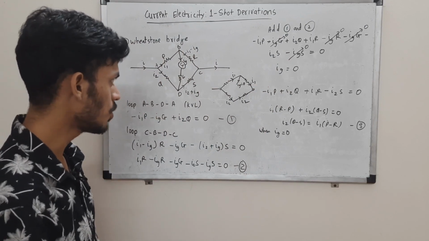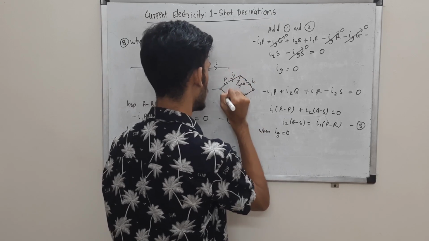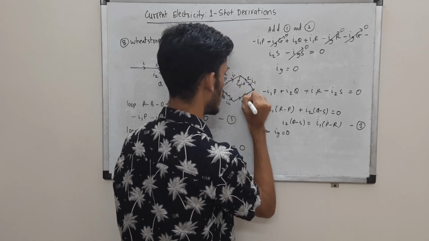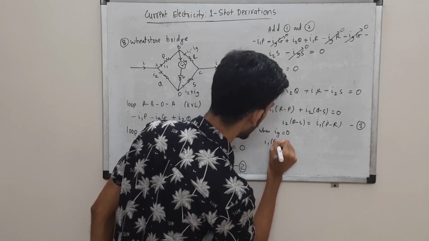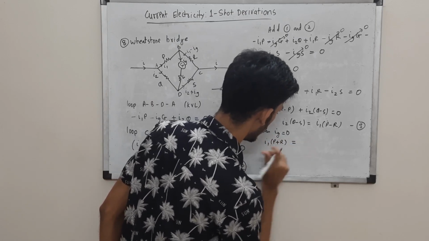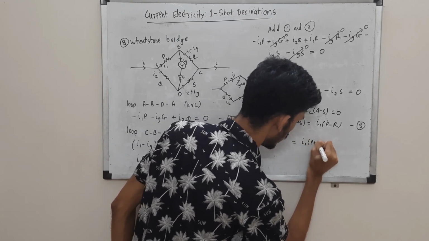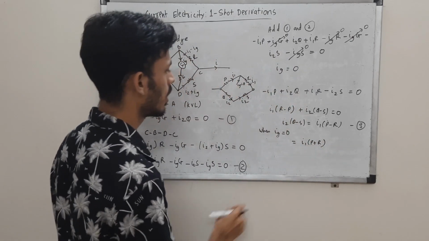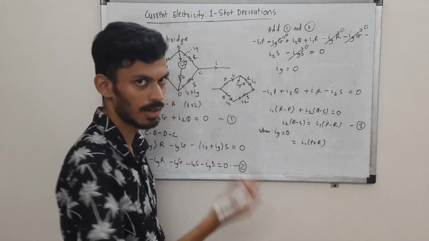Okay, so this is P, this is Q, this is R, this is S. So we can say I1 into P plus R. This is the voltage drop in the upper branch, I1 times P plus R, right?